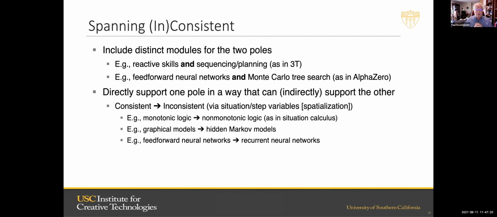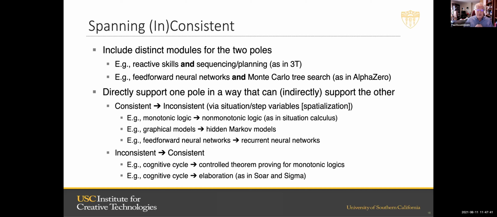Again, you can directly support one pole and indirectly the other. This is the technique that was called spatialization. In an earlier discussion, you had situation or step variables, and you can do that in logic, in graphical models, and in neural networks to get essentially temporal models out of those, but spatialized.